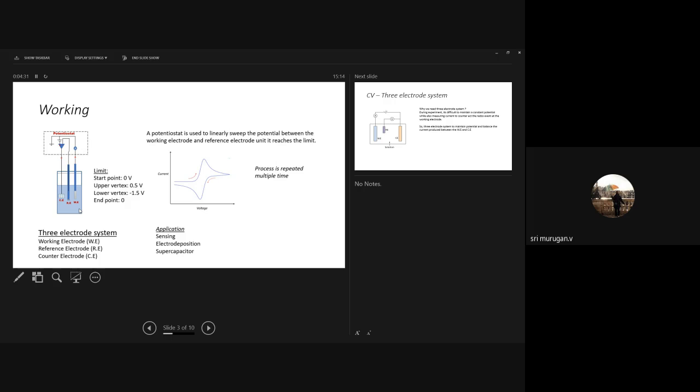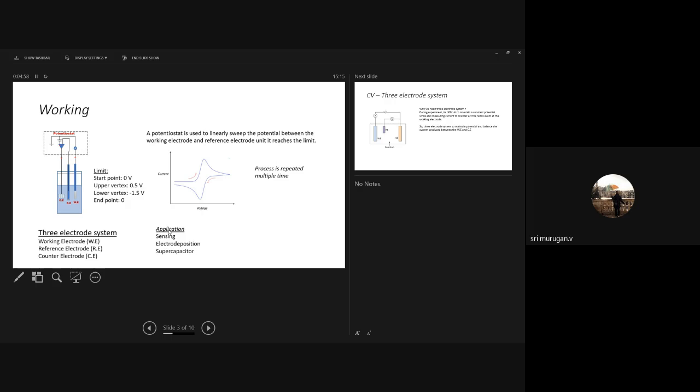Whether the experiment is carried out for a longer or shorter time, we can find that information from the graph itself. Mostly cyclic voltammetry is used in applications like sensing, such as glucose detection, and electrochemical deposition.